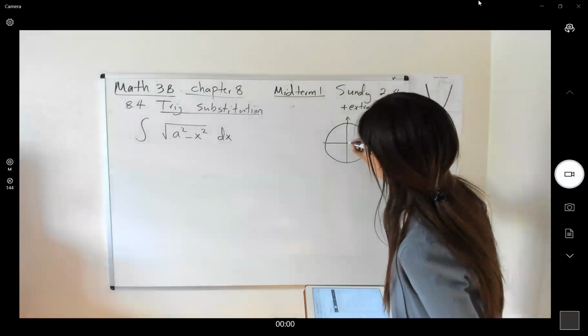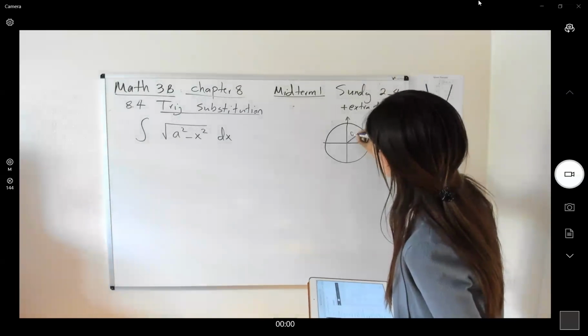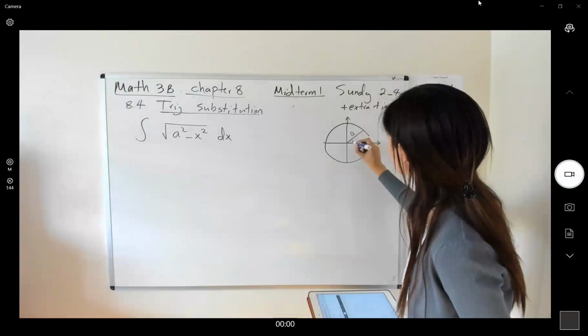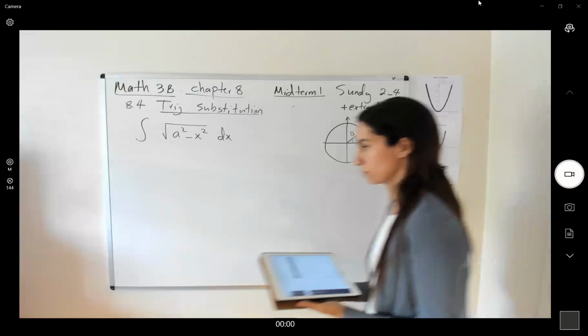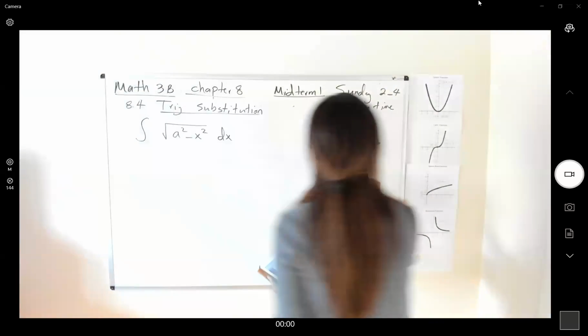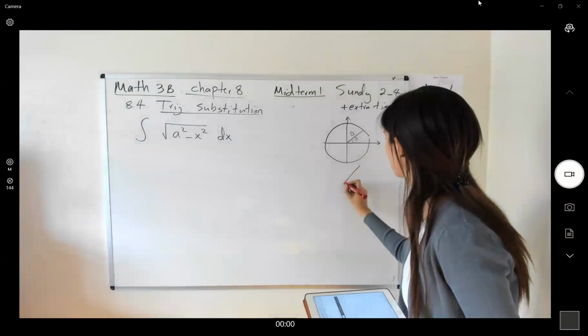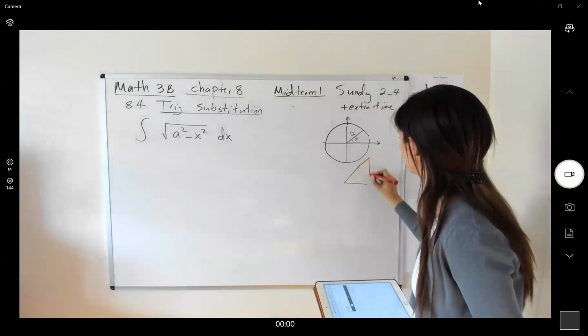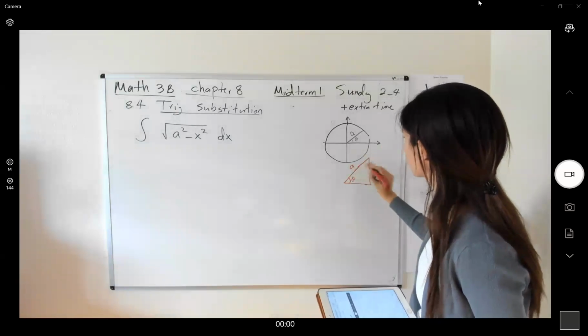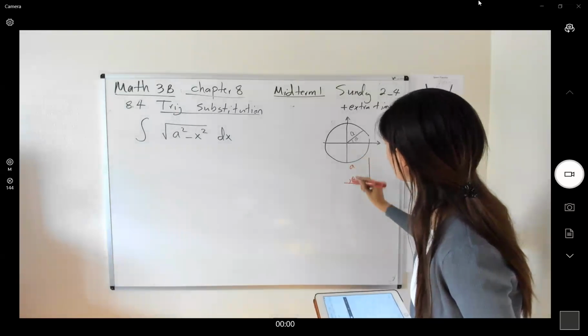So suppose your radius is equal to a, and the angle here is theta. Very well. We can form a right triangle with theta here, a as the hypotenuse or the radius.